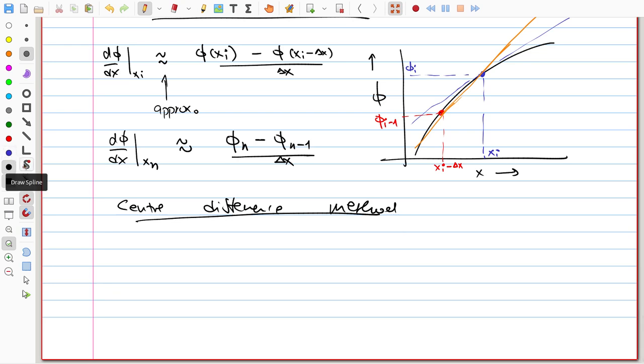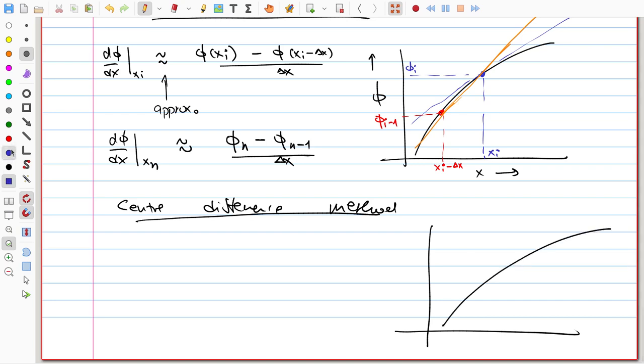Let's do a different one, it's okay. So again, blue is the point xi comma phi I. So the blue slope is the one that we want to approximate. So what I'll do is I'll take one point forward, which is xi plus delta x, and I'll take one point backwards, which is xi minus delta x.